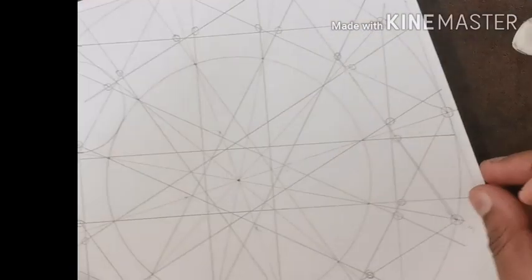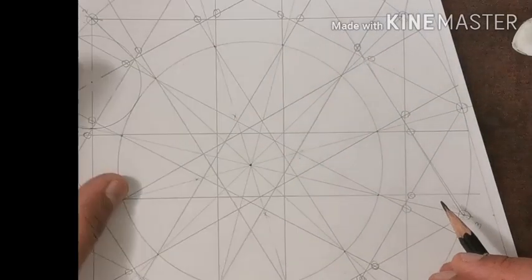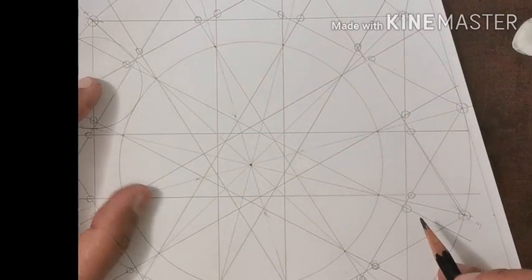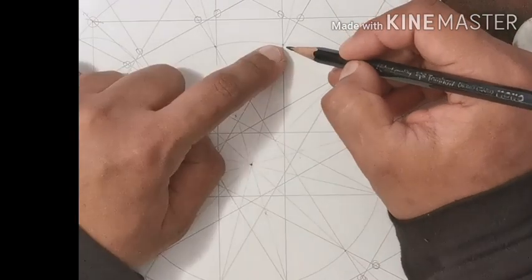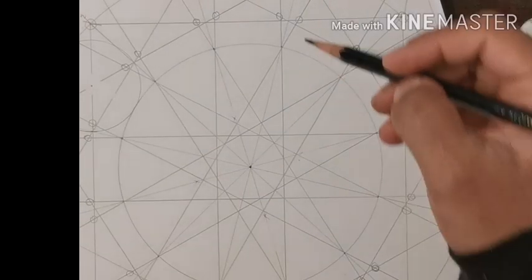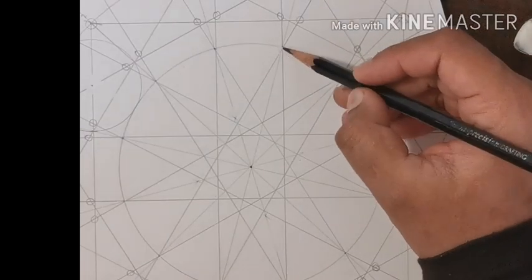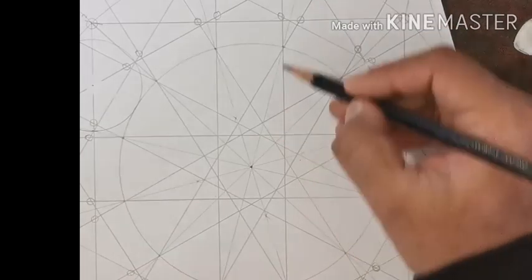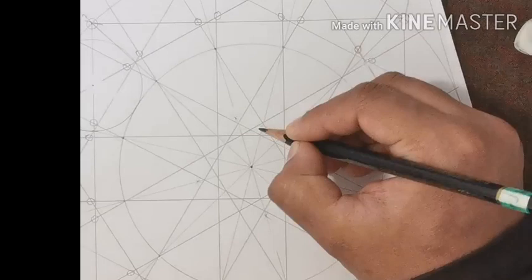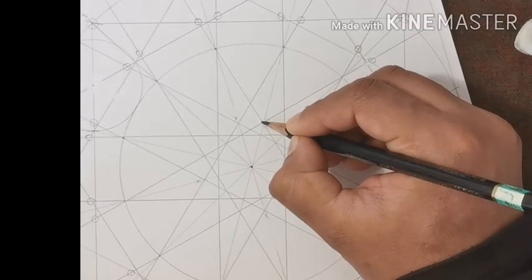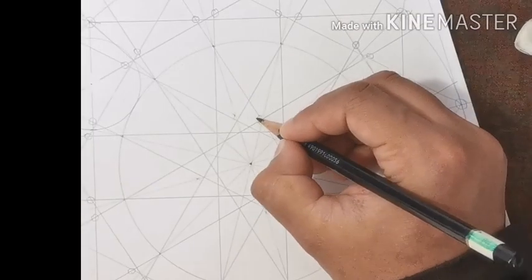Now, one more marking you have to make, and that is the points here you have selected, right? Yeah, these points you have selected, the inner circle points, the one inside where there are three joints. Here you will be selecting that point also.